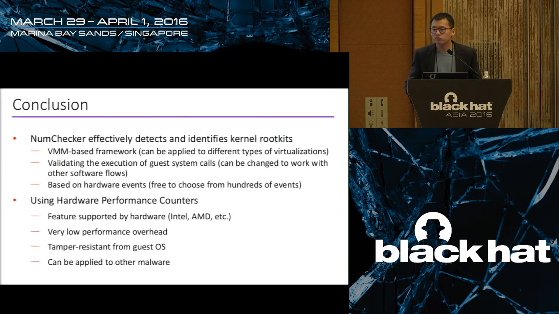Now, the way we select our test program with a fixed argument, or a set of arguments, to trigger the syscall and event counting is that we analyze the malware behavior, because in the syscall there are a certain number of areas that you really want to modify to hide your process or files or whatever you want to hide, right?